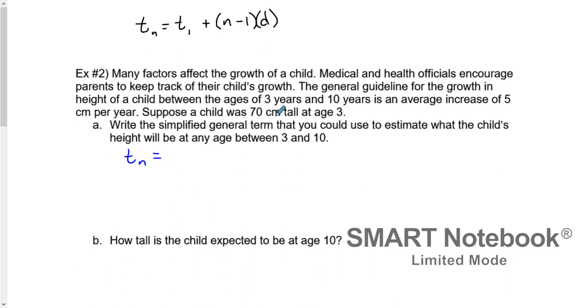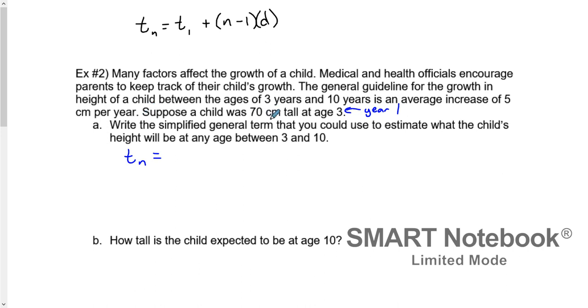Suppose a child was 70 centimeters tall at age 3, because we're going to find out the formula for the height of children from 3 to 10 years. Age 3 is year 1 for this formula. The reason why it's using 3 is because from the ages of 0 to 3, there's some very sporadic growth spurts that happen.